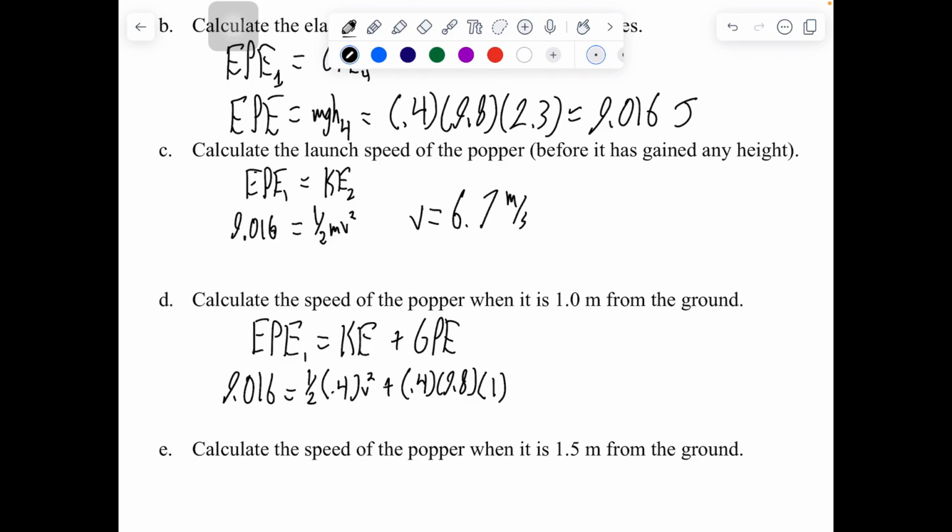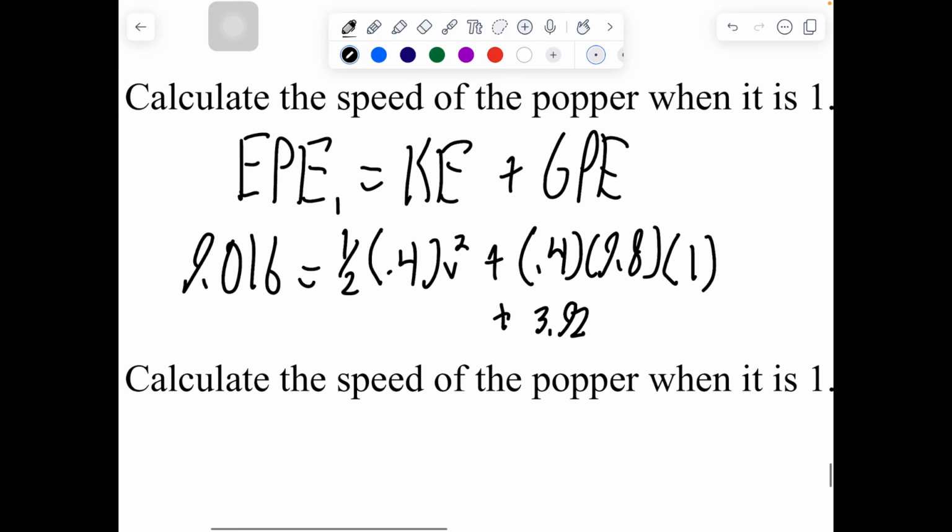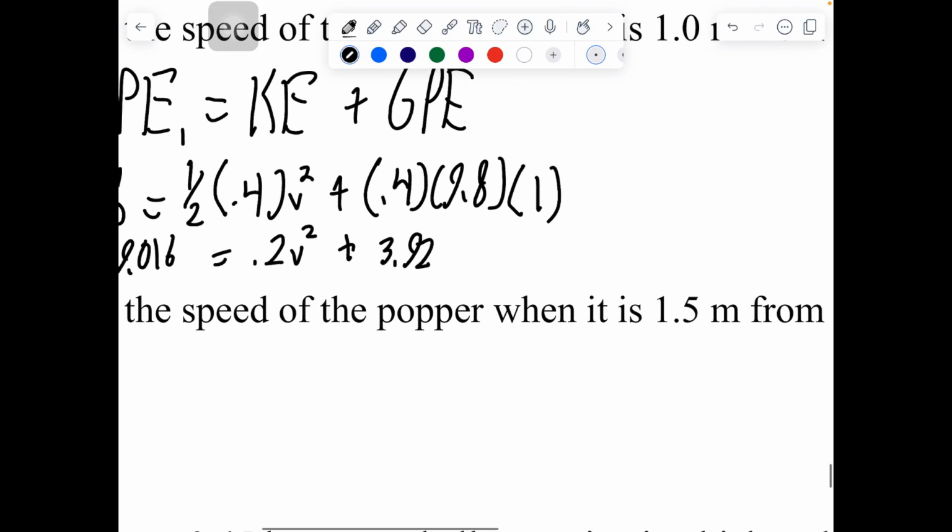Now we go through, we do our math. 0.4 times 9.8 times 1. This is 3.92. This is 0.2 v squared. This is 9.016. Subtract 9.016 minus 3.92.